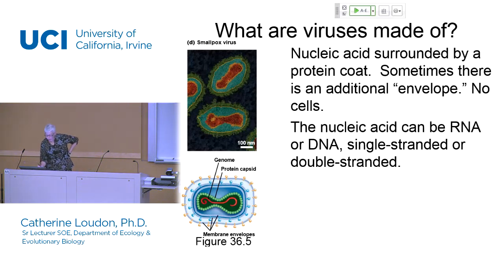So in addition to the genome, which is shown here in this diagram in bright orange, and the surrounding structure made of proteins, the capsid, which is shown in green in this particular figure, we also have yet another layer surrounding this virus.